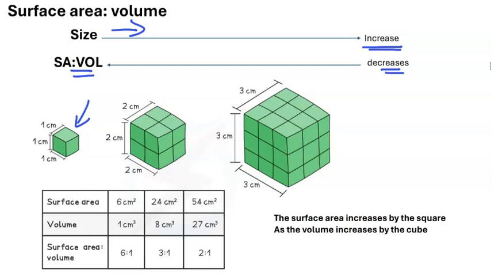With a 1 by 1 dimension, each surface has a surface area of 1 centimeter squared, but of course this is multiplied by 6 to give us 6 centimeters squared. So the surface area is 6 centimeters squared, but the volume is 1 cubic centimeter. So we have a ratio of 6:1.